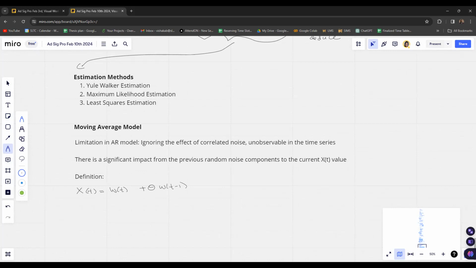So moving average means that you are defining the current xt value based on the past noise values you have observed in the system. So wt is the current noise value that is affecting the observation xt, and past noise values are given by theta 1 wt minus 1, and theta 2 wt minus 2, likewise.